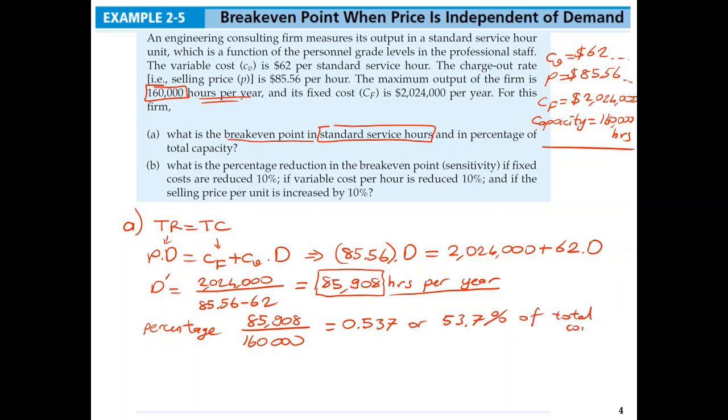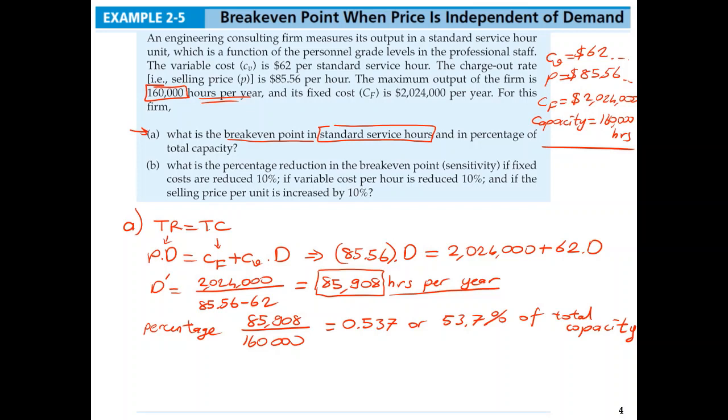So the break-even point occurs when we use 53.7% of our total capacity. This is part A, solution part A.